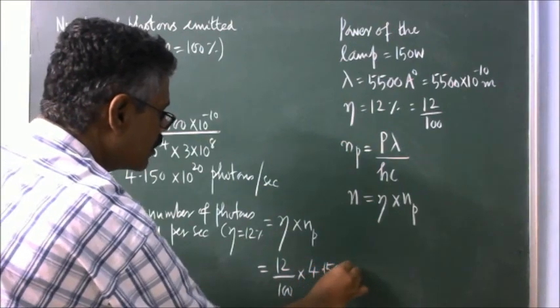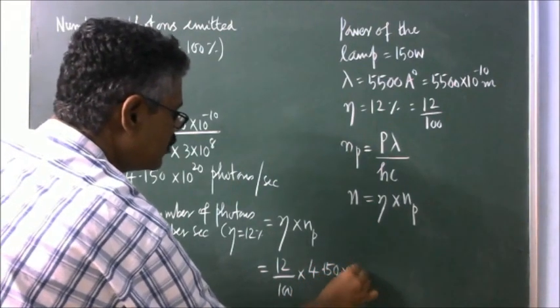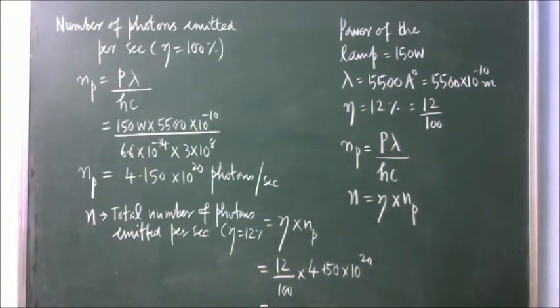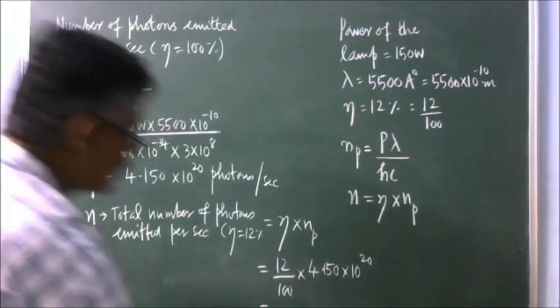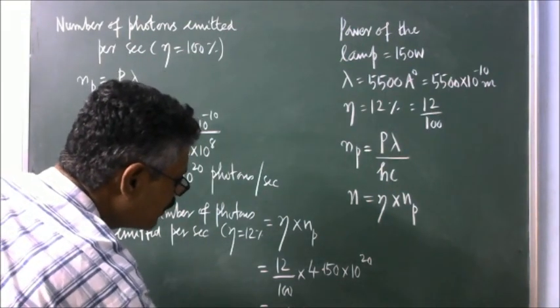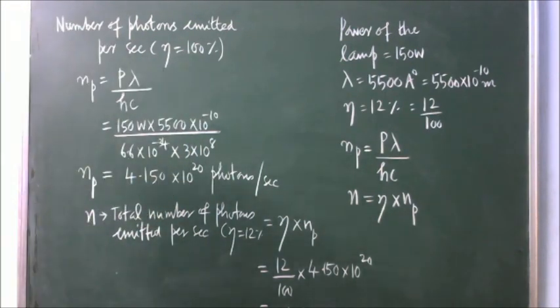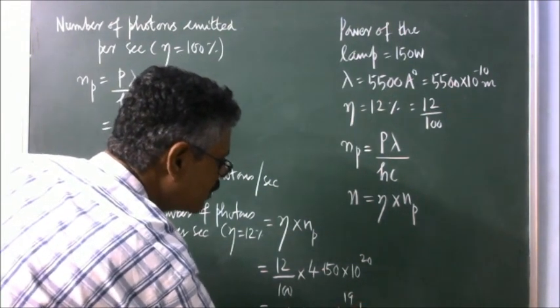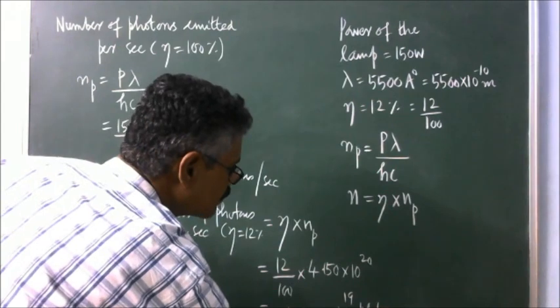4.150 into 10 to the power of 20. So after simplification, finally you will get the value as 4.98 into 10 to the power of 19 photons per second.